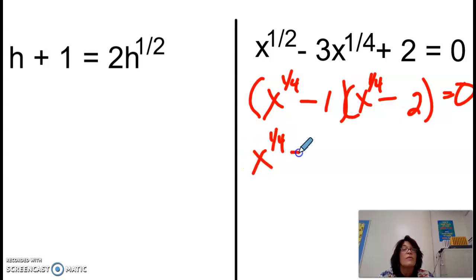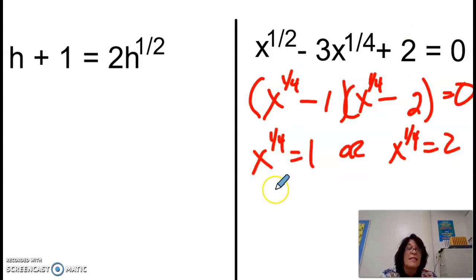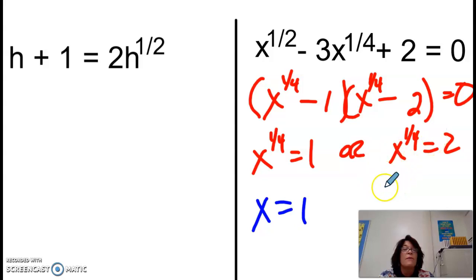So x to the 1/4 equals 1, or x to the 1/4 equals 2. To get rid of x to the 1/4, or to get that to be just x, I raise it to the 4th power. 1 to the 4th power is 1. Raise both sides to the 4th power. X is 16. Now you would want to check those.